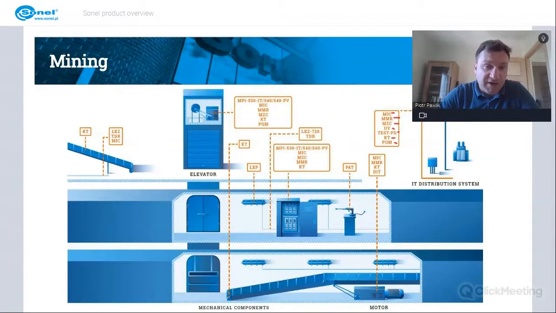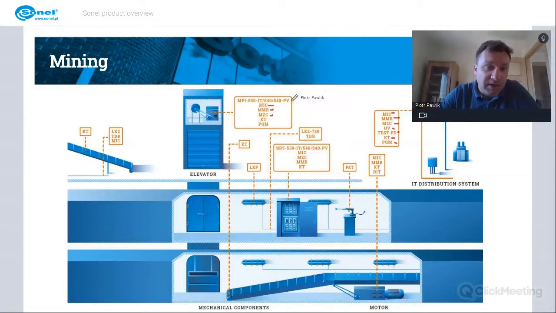Now let's look at some other parts, like what we can find here in the mines. First, on the ground, we will see the elevators that go underneath. For this, we need to check insulation resistance with MIC meters, continuity with micrometers, MMR series, and short circuit loop with MZC series, the short circuit loop meters, or we can just use an MPI meter, which has all these functions embedded.